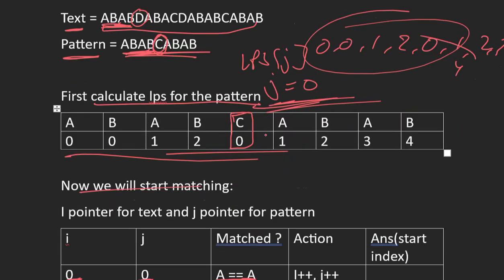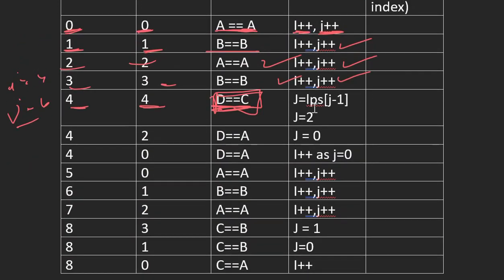We have updated J to LPS of J minus 1, that is J is equal to 0. J has become 0.